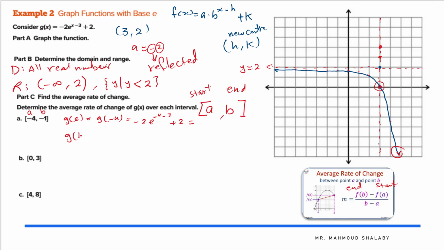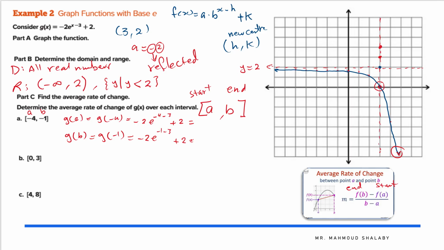Then I will find g of b, which is g of b, where b equals -1. So I will go to the original function, but I will replace x, instead of -4 I will use -1. So it will be -2 e to the power of -1 minus 3, and we have here plus 2 equals. Let me use a calculator. I cannot calculate this without a calculator, even myself.